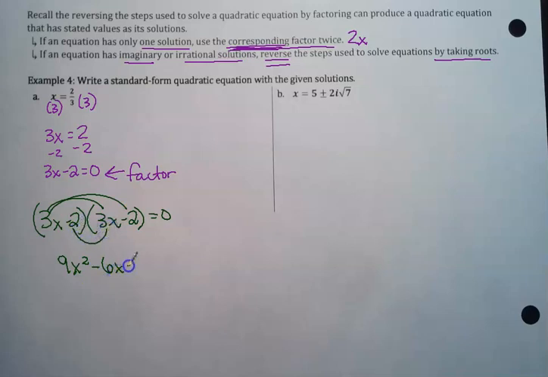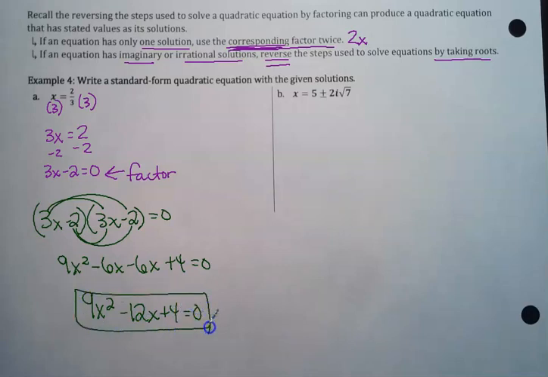Negative 2 times 3x is negative 6x. Negative 2 times negative 2 is positive 4. We combine our like terms, and we get 9x squared minus 12x plus 4 equals 0. We have just written a quadratic equation from the solution.